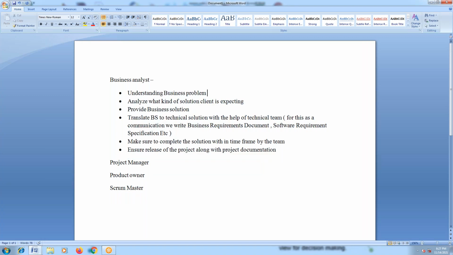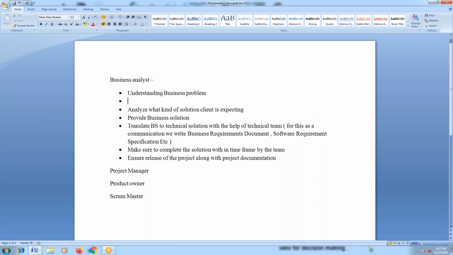Now the first point, understanding the business problem. If you want to understand the business problem for any customer, what is the first thing you do and how do we do that? First of all, you need to understand the existing system, whatever system they use. Assume that a point of sale system is being used by a customer.